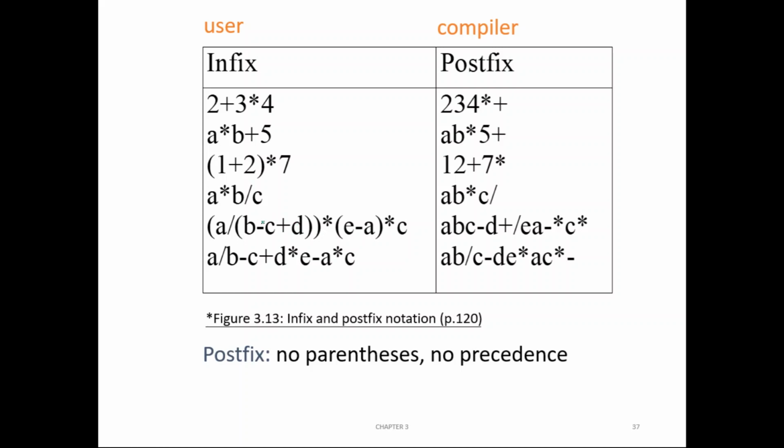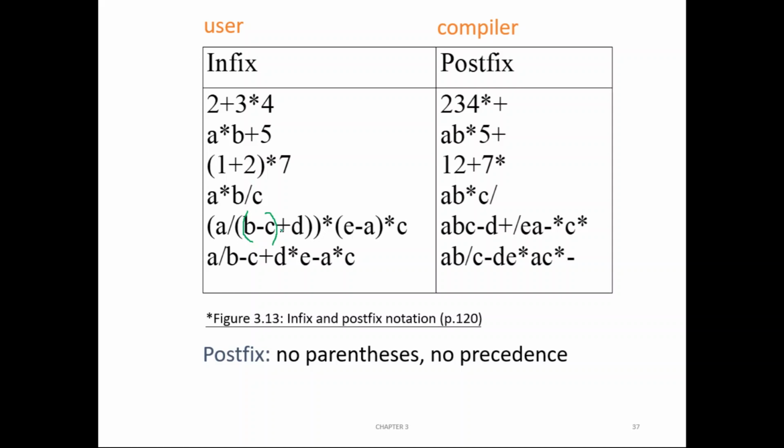See, B minus C. See, this is the innermost part. Okay, so B minus C will execute first. Okay, because minus and plus have equal priority, right? So B minus C, this part should execute first. Okay, so that result will be added with D, right?